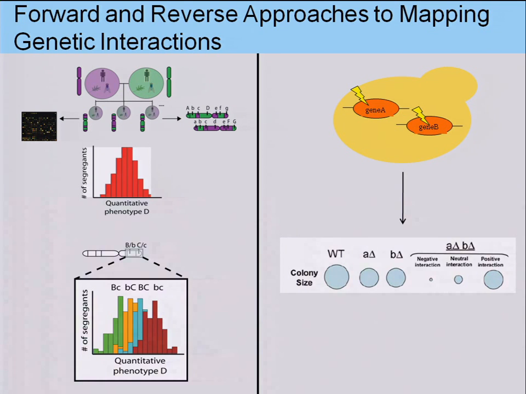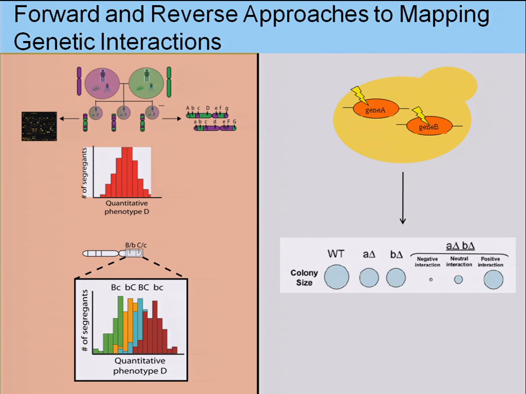I'm going to give a little background on two general approaches that people have taken to uncover epistatic gene interactions. The first is based on mapping gene interactions, things like linkage studies or eQTL studies.